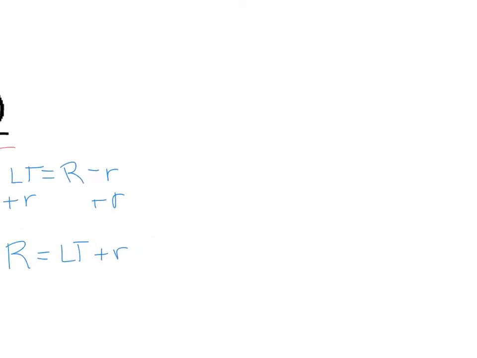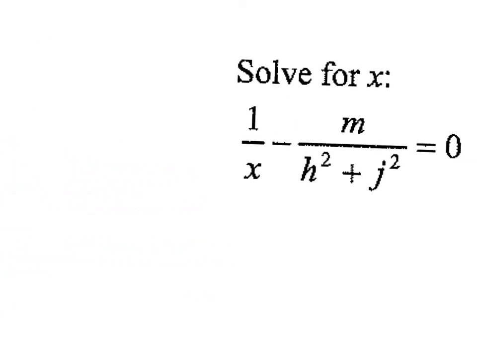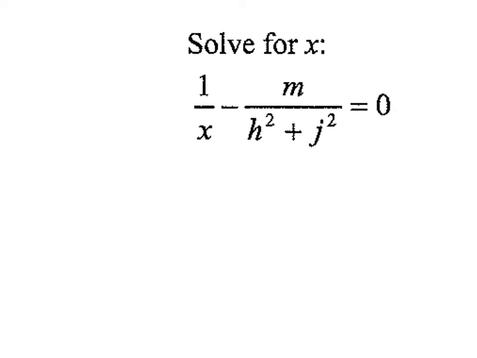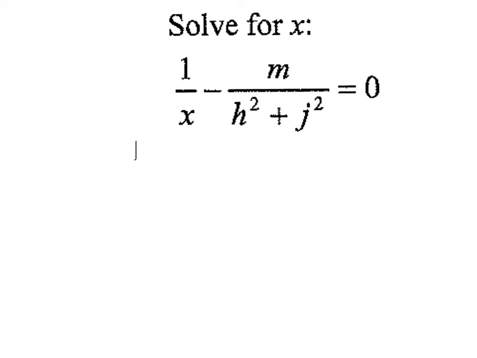And then over here, last one, solve for x. Okay, so I could get my common denominator of x times h squared plus j squared, but if this is a 0 over here, I'm going to add this expression to each side. So then what I'm going to have is 1 over x equals m times h squared plus j squared.